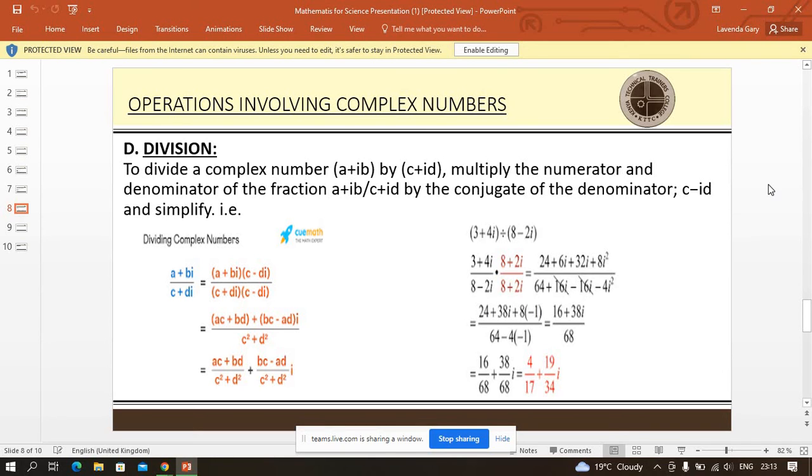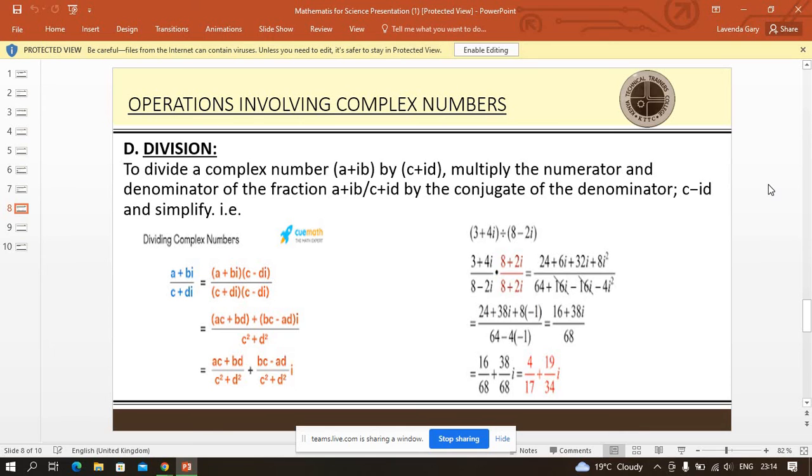So, how are you performing operations involving division? You apply the conjugate. Which conjugate? The conjugate of the denominator.